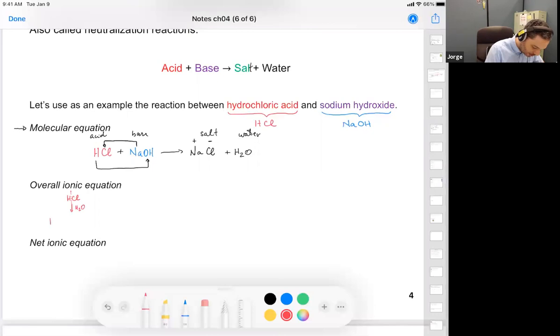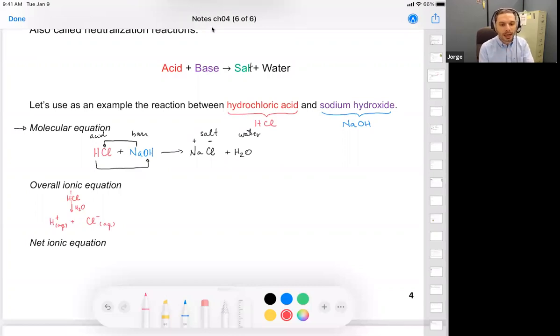And by definition, you will produce H plus and Cl minus. Now, very important thing here, and you will need to do that. Because these ions are dissolved in water, we must put in parentheses AQ. Remember that AQ means aqueous. In other words, ions dissolved in water.